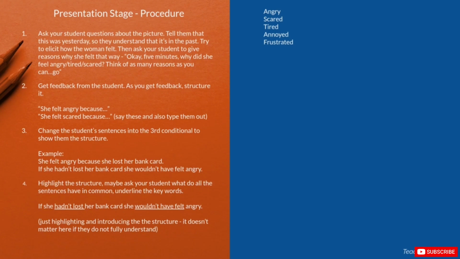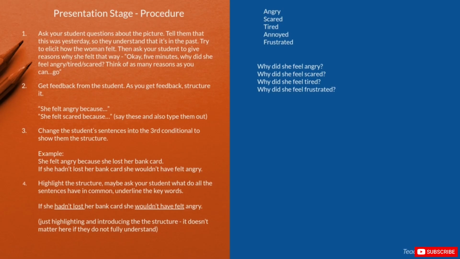And then next, we said that we were going to ask the student why this woman felt these emotions. What made her feel angry, scared, tired, annoyed, or frustrated? Well, let's just write the question out here. Whatever emotion we decide to focus on, let's just write the question on the screen. You could even get the student to choose one of these emotions and just focus on it.